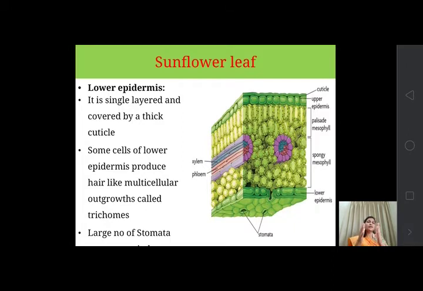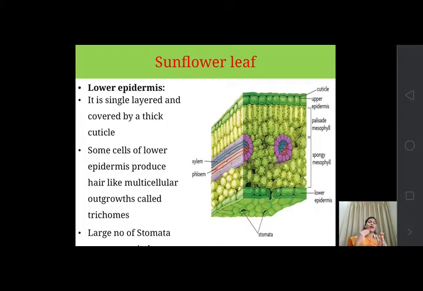Here we take the sunflower leaf. Internally, the sunflower leaf looks like that. It shows four parts: upper epidermis, mesophyll tissues, vascular tissues, and then the lower epidermis. In a dicotyledonous plant, mesophyll tissue is of two types, palisade and spongy tissue.